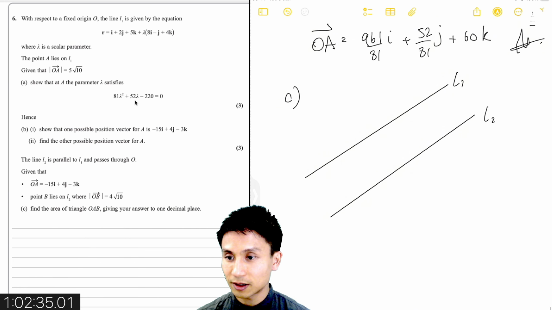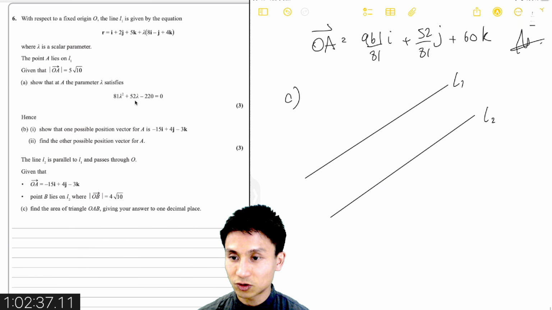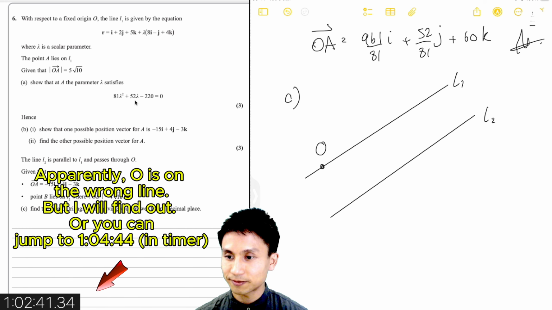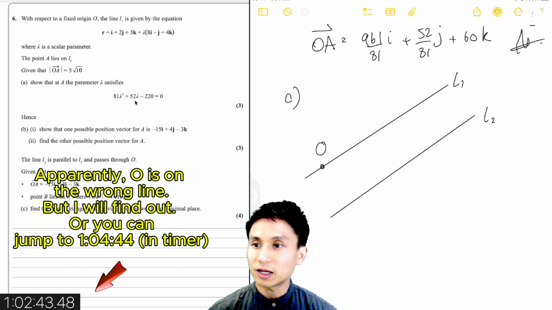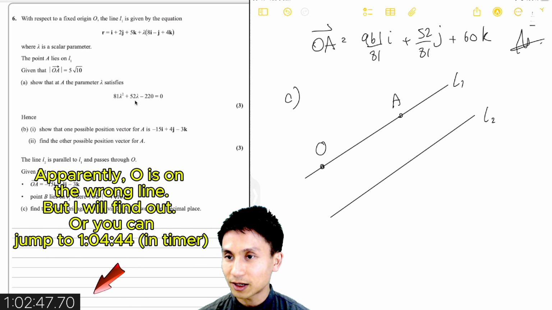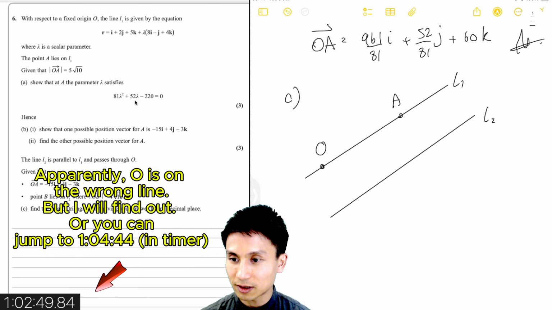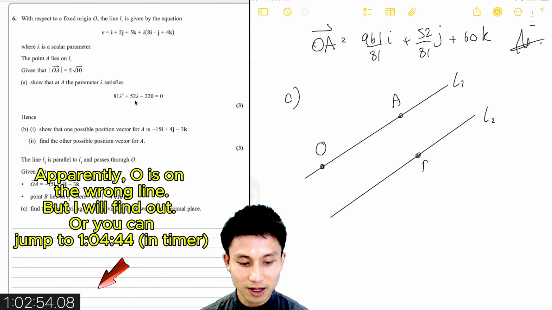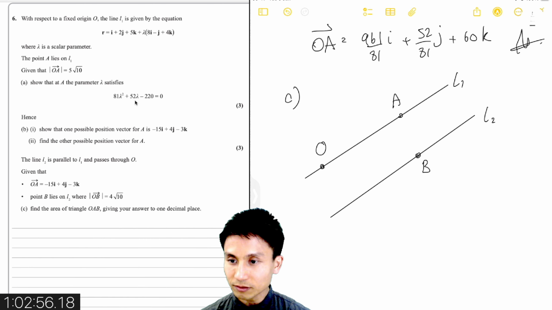And then L2 passes origin, so let's say that's origin. And L1 here has point A, so let's say A is there. Okay, A is on L1 and point B lies on L2, right? So let's say point B is there, maybe.